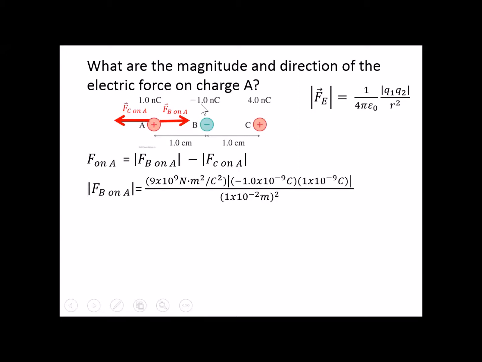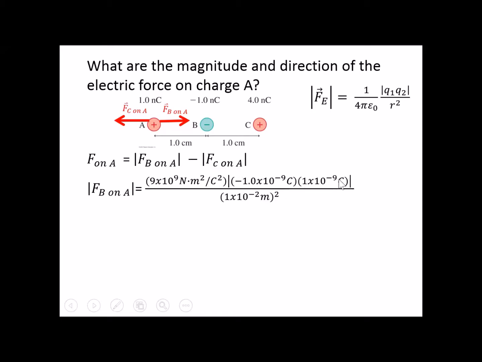The charge B is -1 nanocoulombs, and a nanocoulomb is 10 to the -9th coulombs. So -1 nanocoulombs is -1 times 10 to the -9th coulombs. The charge of A is 1 nanocoulomb, so it's 1 times 10 to the -9th coulombs.